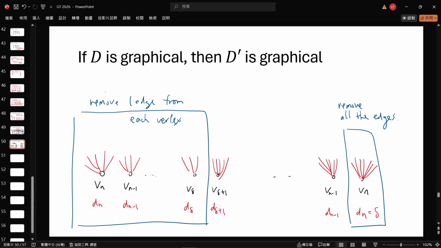So if for this box we have 5 vertices, then Vn should have 5 edges. And also we assume that dn is greater than or equal to dn minus 1 and so on. Okay, so this is in non-increasing order.